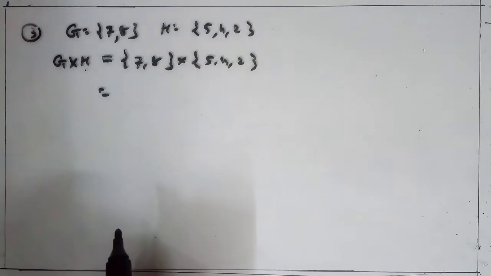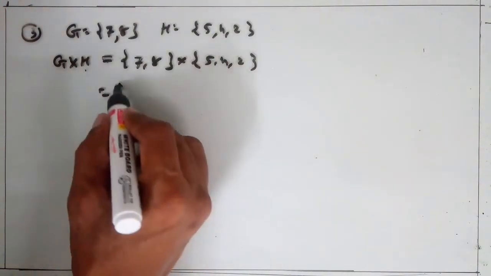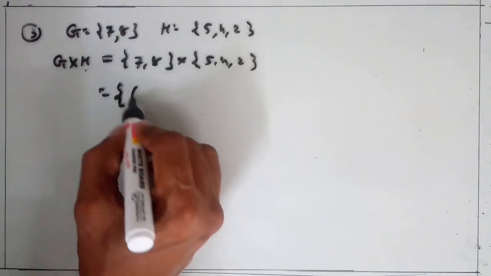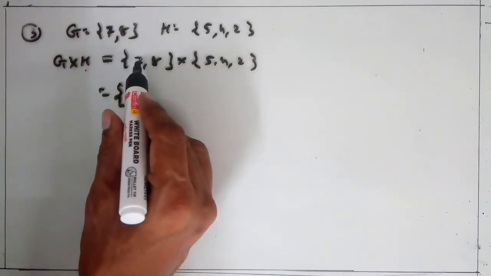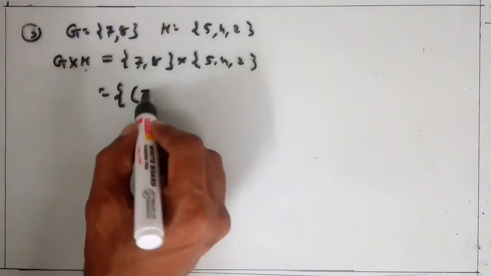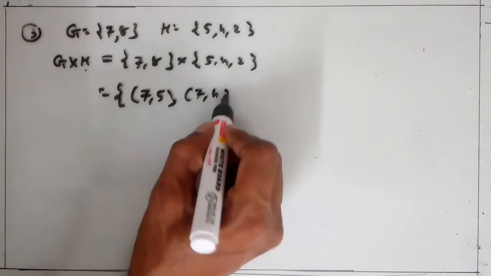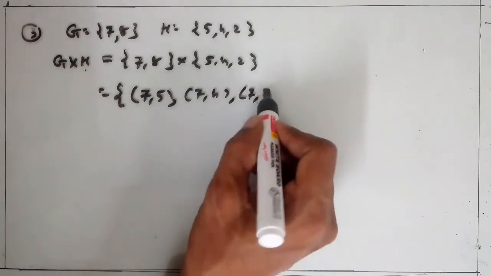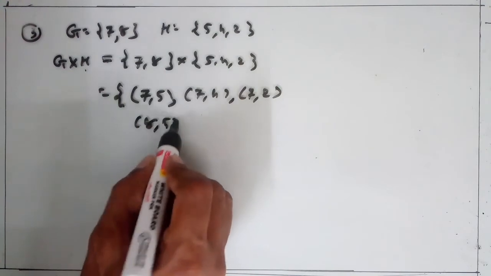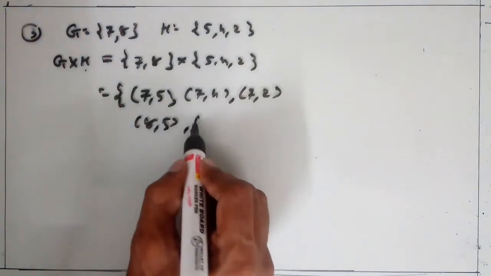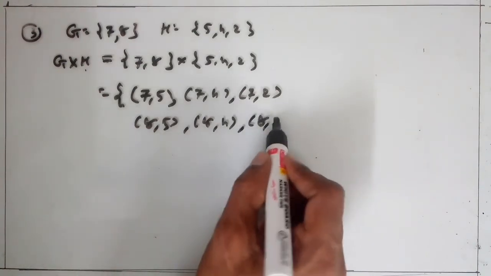So the cross product of the given two sets is, remember this, the set of all ordered pairs: with 7, (7, 5), (7, 4), (7, 2). Now with 8, (8, 5), (8, 4) and (8, 2).